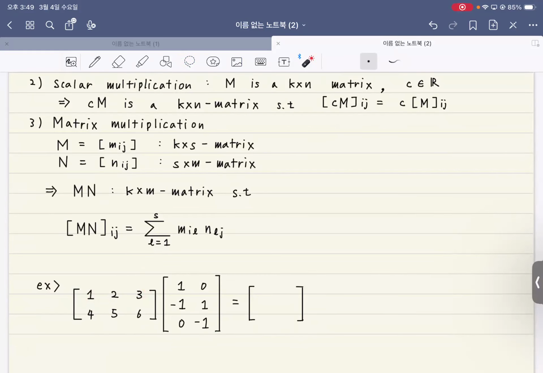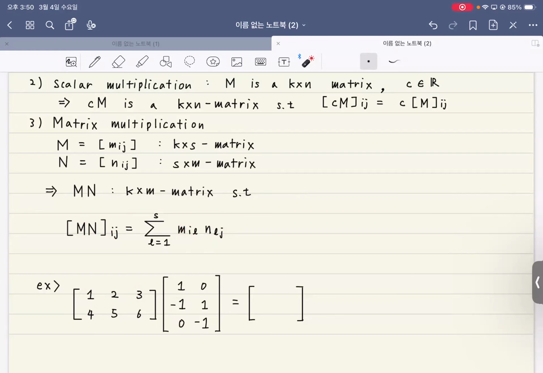In this case, the I's row and J's column of M times M is defined to be the I's row, this is the row index, and this is the column index. You first take the I's row of the first matrix, and you take the J's column of the second matrix. Now what? Then you are supposed to do something like the dot product.